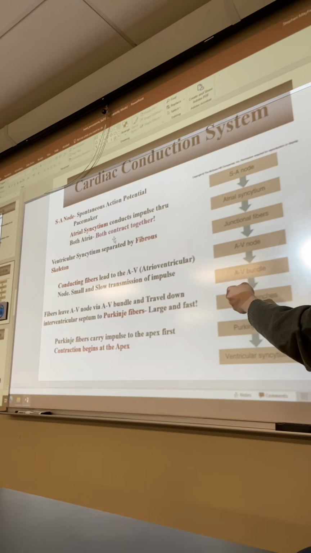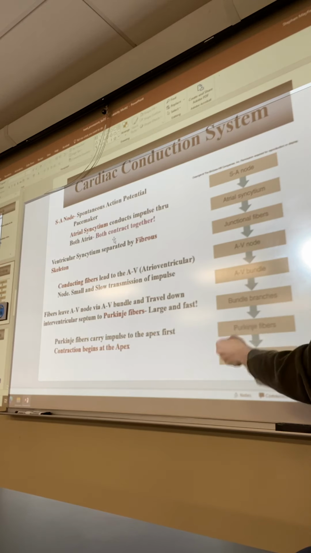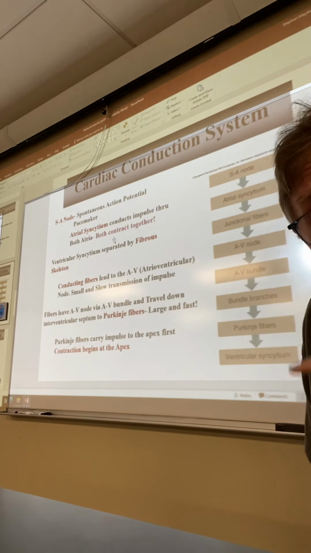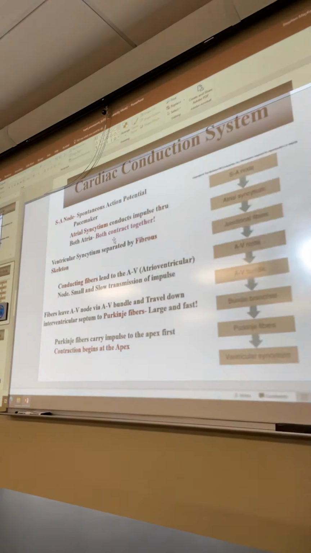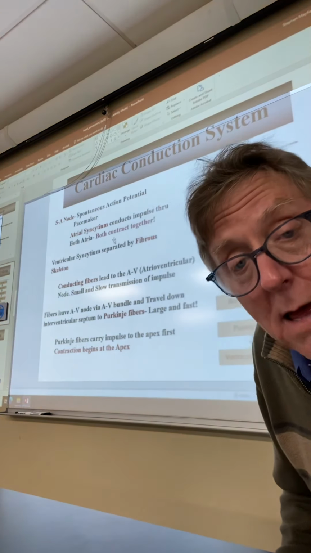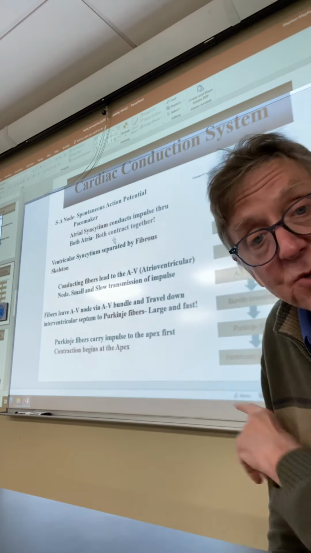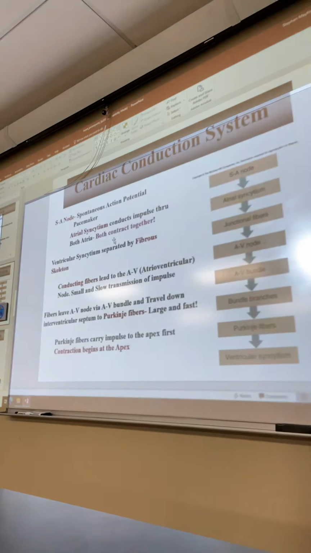This is where the bundle branch is in the septum between the two ventricles. And then it goes down to the apex of the heart and comes back up via Purkinje fibers. They're very fast conduction pathways. And we end up getting the contraction of the two ventricles separated from the contraction of the two atria.